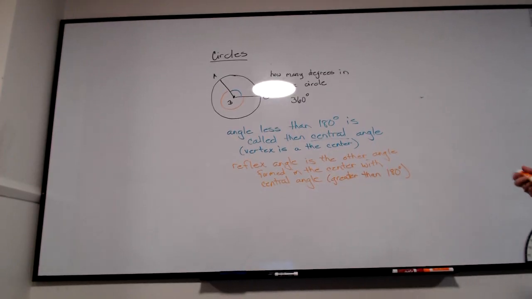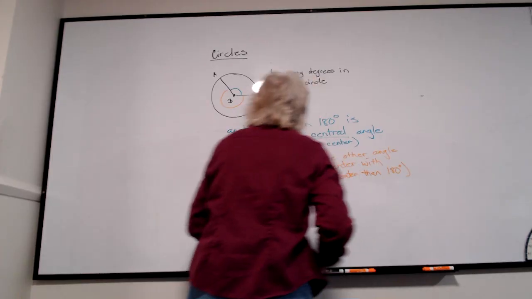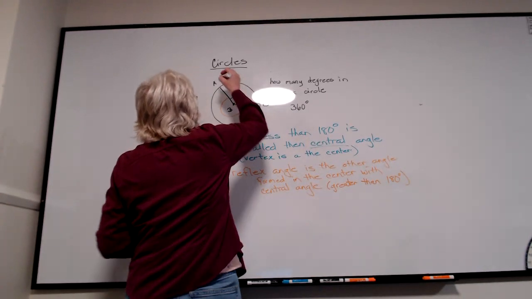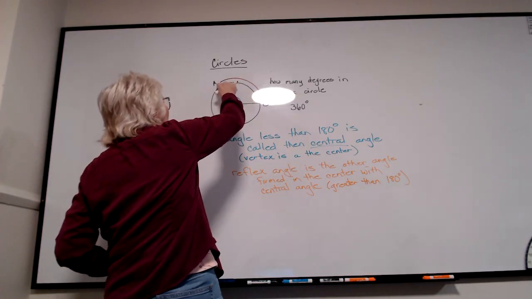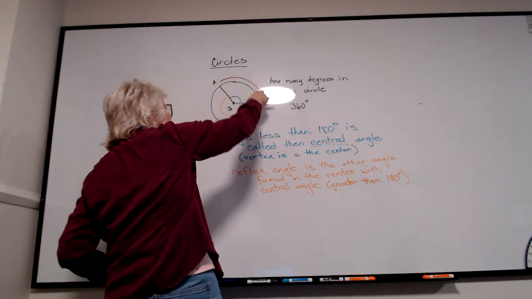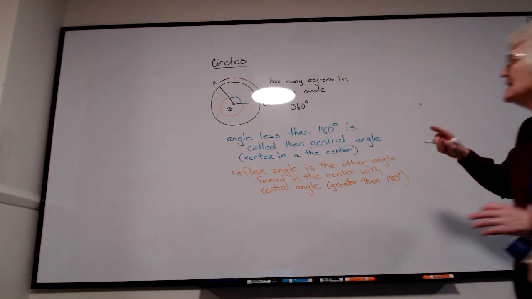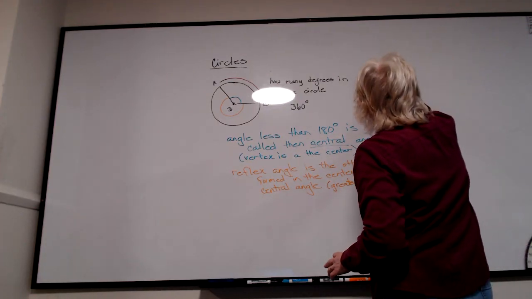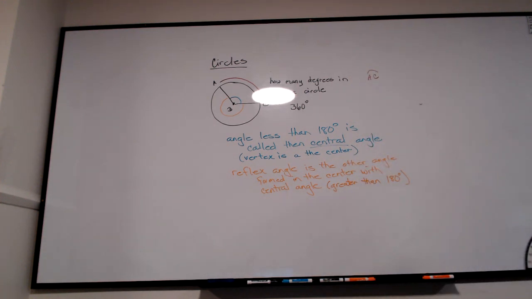When I am talking about an arc, it is the actual amount that's this space right here. It's the arched part between A and C. That's an arc. So the arc AC, which is written this way, arc AC. We always refer to the arc as the shortest or the central angle measure.